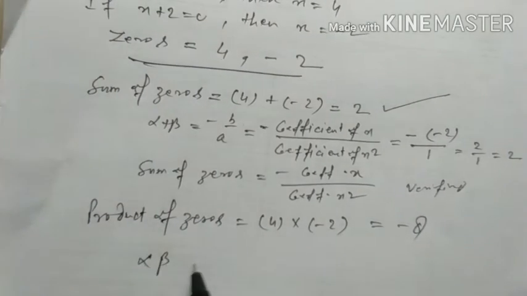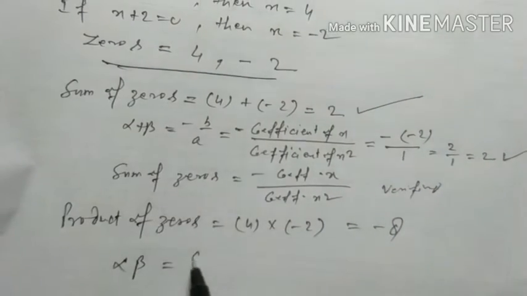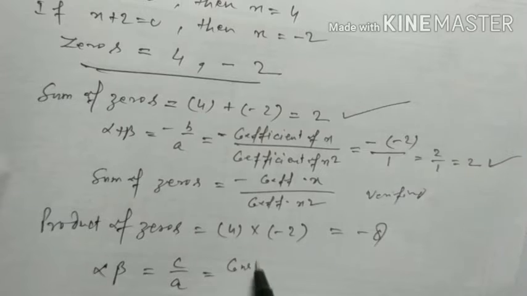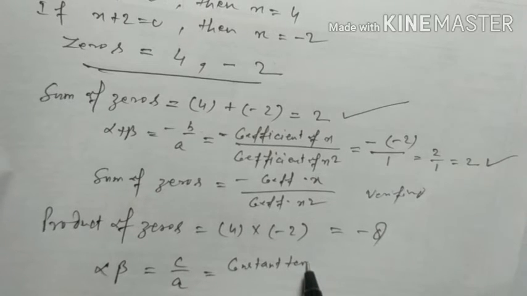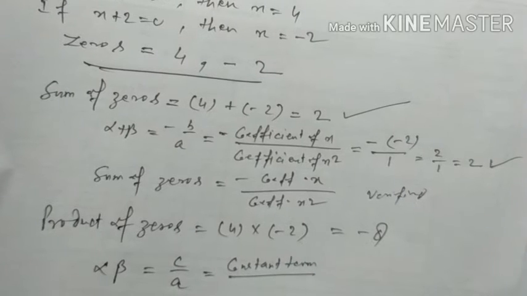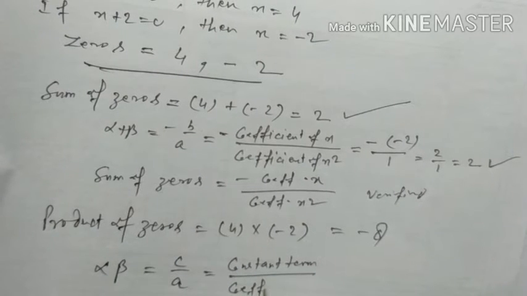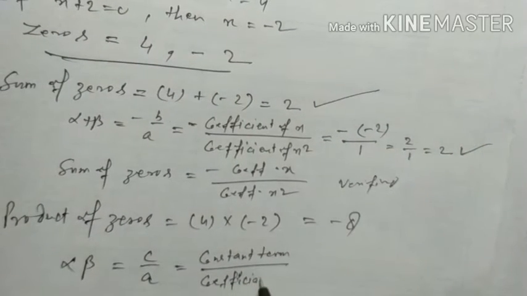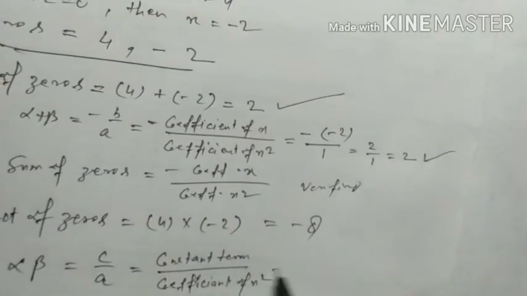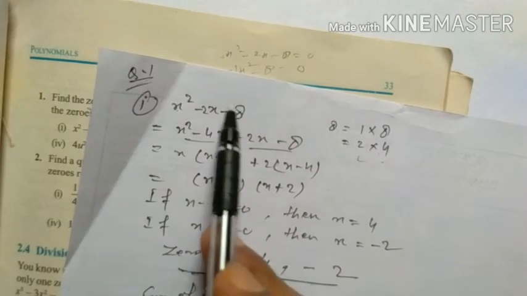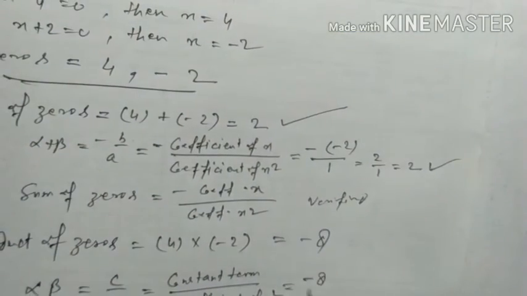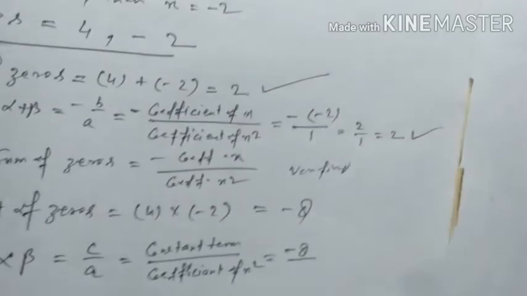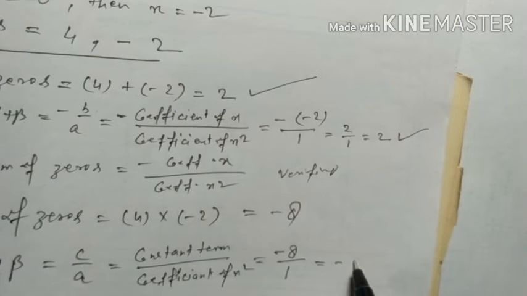Now using the formula, product of zeros equal to c upon a, that is constant term upon coefficient of x square. The constant term is minus 8, and the coefficient of x square is 1, so it equals minus 8.